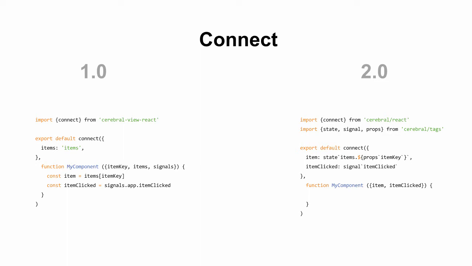The point here is that it makes it easier for you to understand that this component connects to Cerebral, and what it gets from Cerebral is this state and these signals. Then you can look into your component code. It's a very readable way, or it increases readability as well. That's what I mean to say.